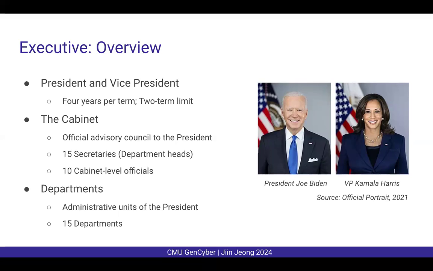And then we have the cabinet, who are the official advisory council to the president. It consists of 15 secretaries who serve as department heads, as well as 10 cabinet level officials. So we talked about how secretaries lead the departments, and the departments are administrative units of the president, and there are 15 of them, including Department of Treasury, Department of Commerce, Department of Defense, which we will talk about.